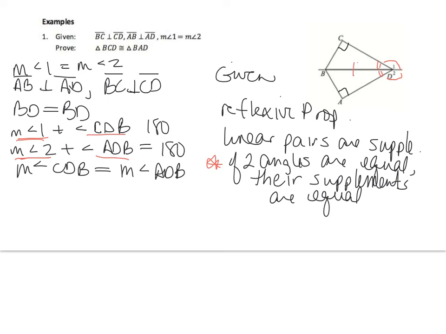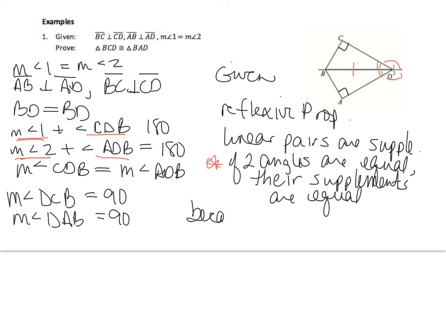All right, so measure of angle DCB, I've already marked it, and the measure of angle DAB are both 90 degrees. That'd be just the definition of perpendicular lines.